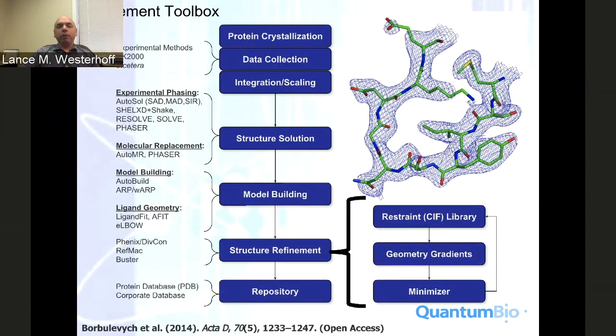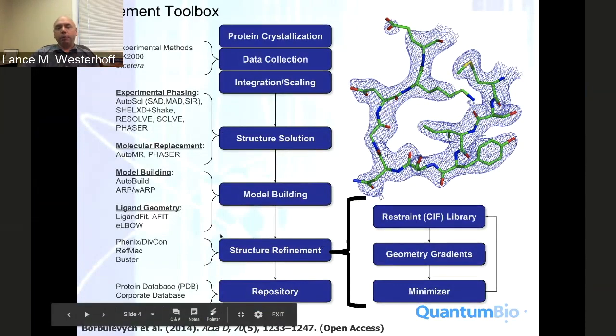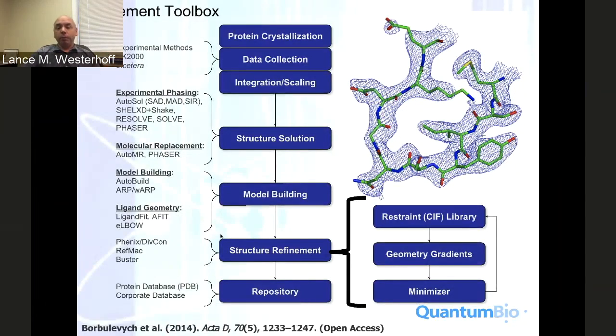But really, the take home here is that if you look at the entire refinement or X-ray crystallography process, a lot of these steps along the way, everybody is well versed with, and are in many ways outside the realm of what we're doing from a theory perspective. But this aspect right here is where we see a good opportunity, and where we have added a number of methods to improve the underlying structures and what we can do with them.